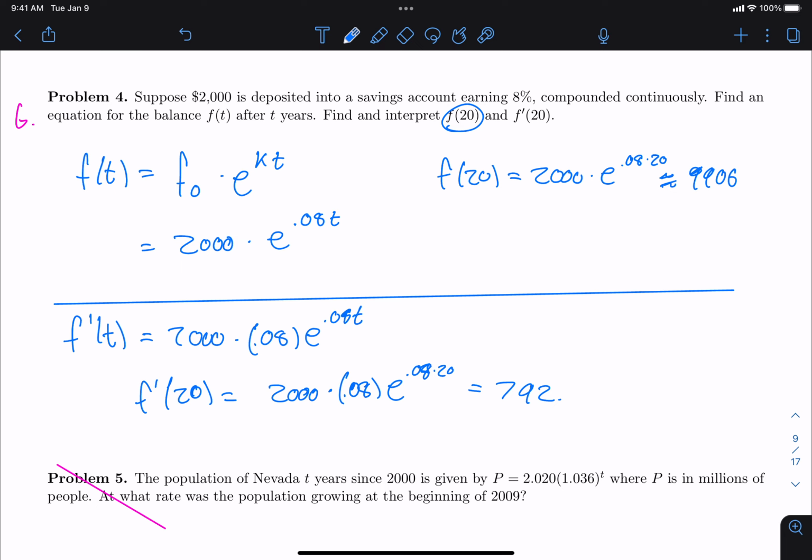Of course, we're earning interest continuously, so the rate at which our interest is growing is different second by second, millisecond by millisecond. It's changing all the time. But this is the rate that we're experiencing at the first millisecond of the first minute of the first hour of the first day of the year.